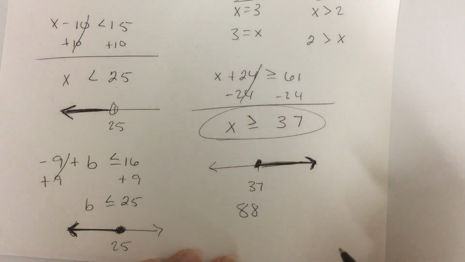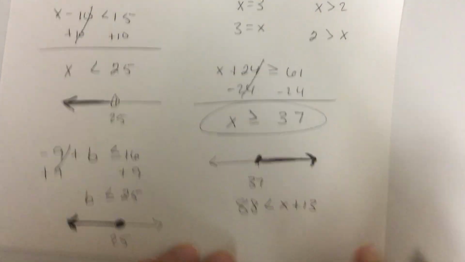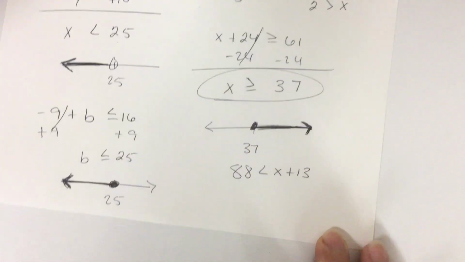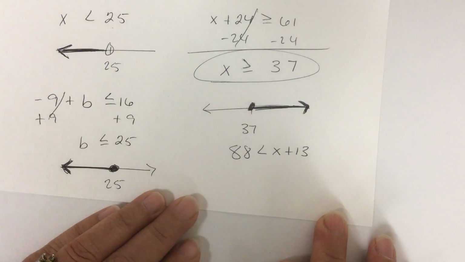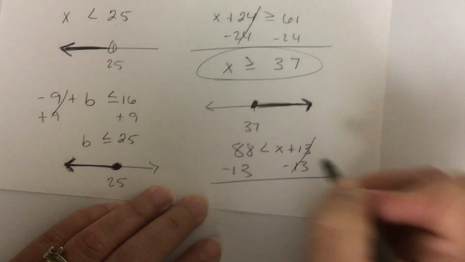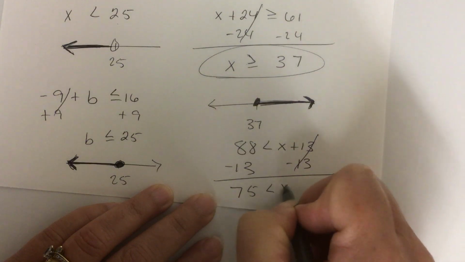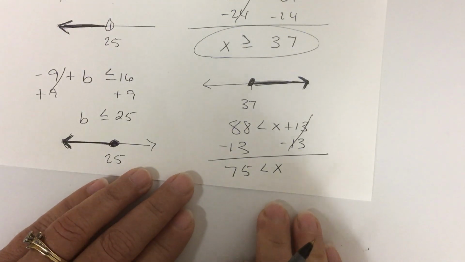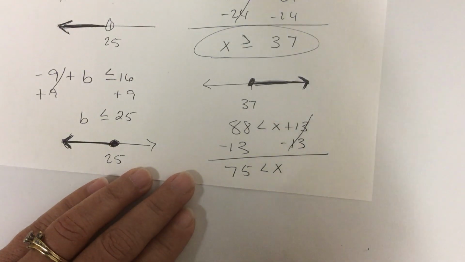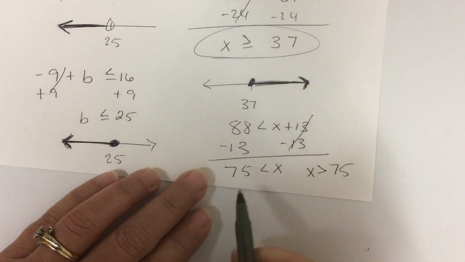So you guys do this one. Say you have 88 is less than x plus 13. So go ahead and work that. Pause the video, work it, and then start the video up. So I would subtract 13 from both sides. So that would give us 75 is less than x. Now, I would like to turn this around. 75 is less than x means the same as x is bigger than 75. Think about with age.